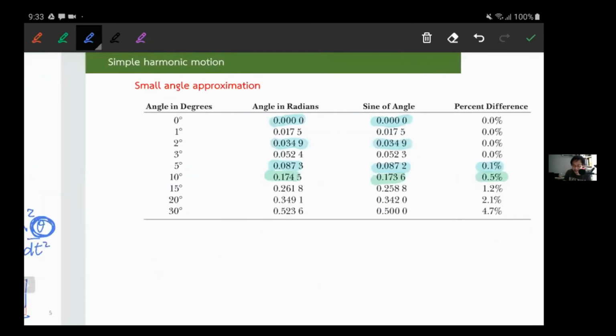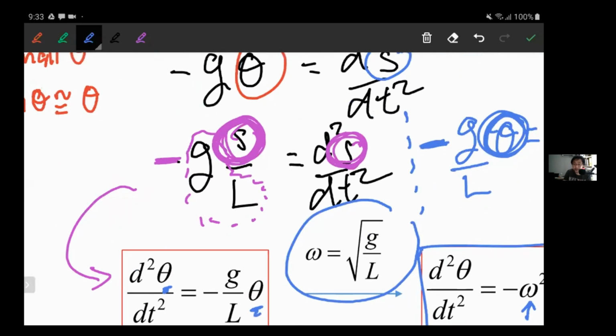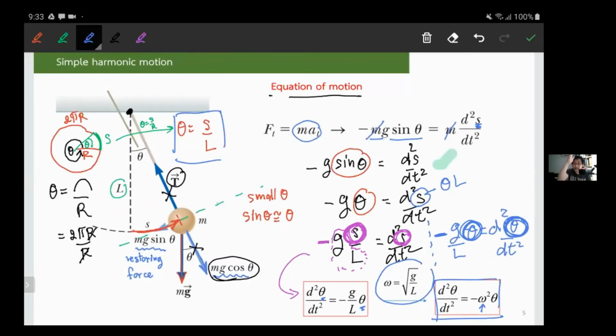Now, when you come back here, I can see omega is root g over L. So that means the only way you can change the frequency of your oscillation is to change the g. You have to go somewhere else: go to the moon, to Mars, to Jupiter, whatever, to change the omega. Given that we are on the surface of the Earth, the g is pretty much fixed. So the only way you can change the oscillation frequency is by changing the length.